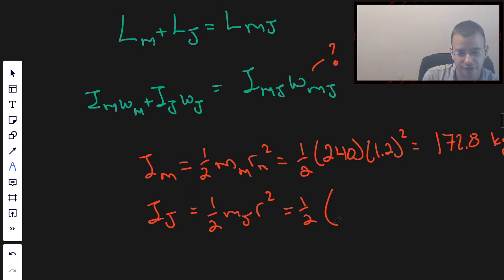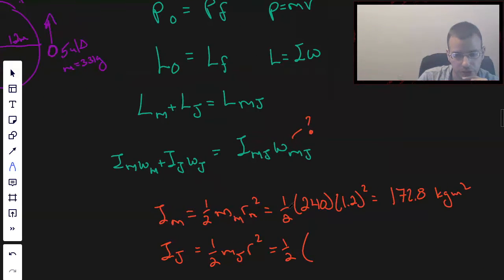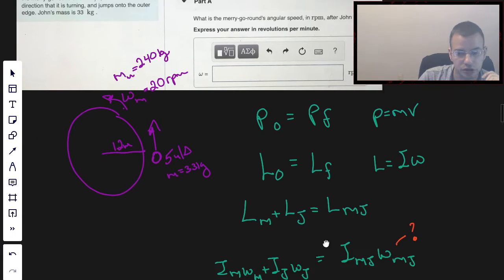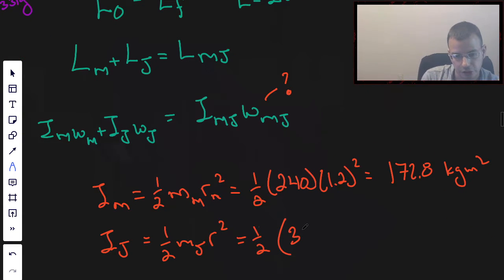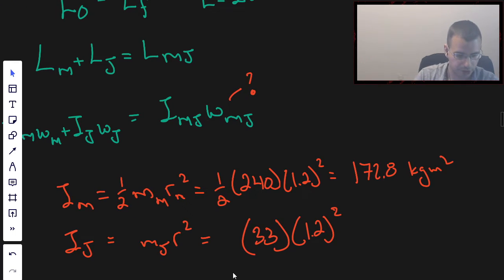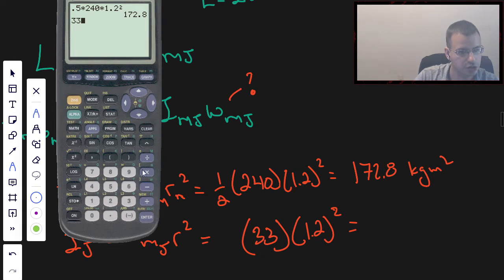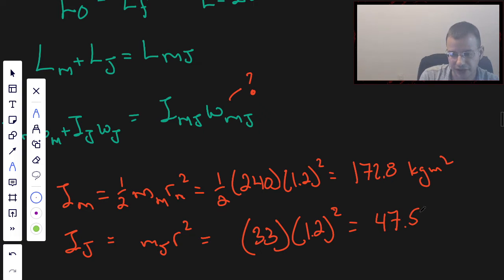I could probably simplify things, but I'm not going to. Mass of John is 33, 33 times 1.2 squared. Oh, you're right, not 1/2, just m r squared. Good catch, that could have been tragic. 33 times 1.2 squared is 47.52 kilograms meter squared.